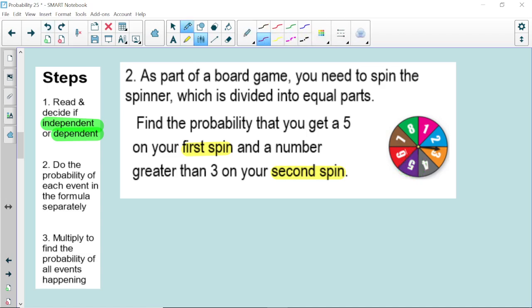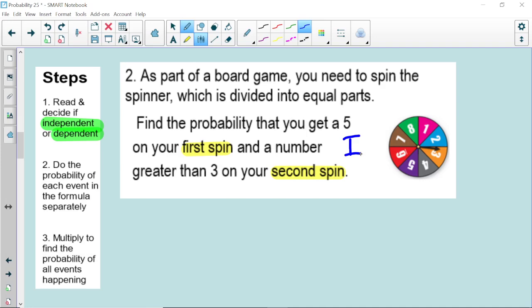So you spin it, and I spin it again, and the spinner stayed the same. So this is another independent. We didn't change anything from the first to the second spin. Nothing was kept or taken out of our spinner. It's still the same spinner, still the same chance to get each number on our second spin.